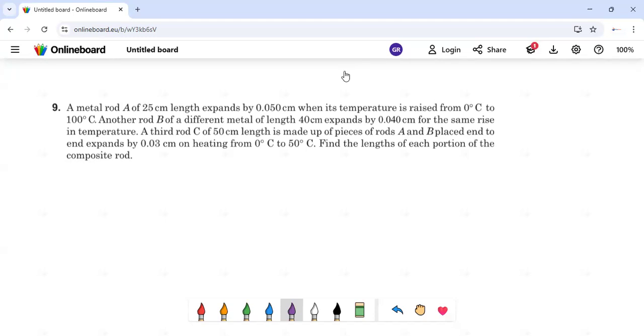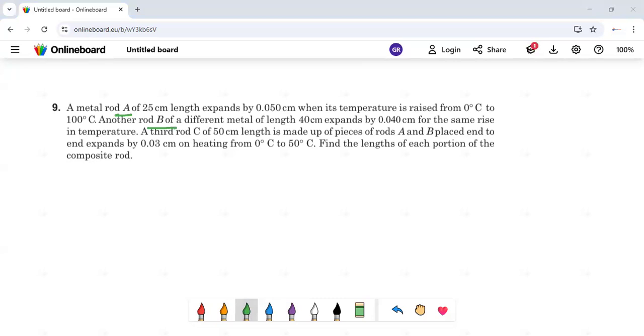All right, everyone. I just want to explain this question. I'm sure you guys are almost able to finish. So you have rod A and we have rod B. Both are expanding, and how much they are expanding is given in the question. Bhavesh, very good, beta.